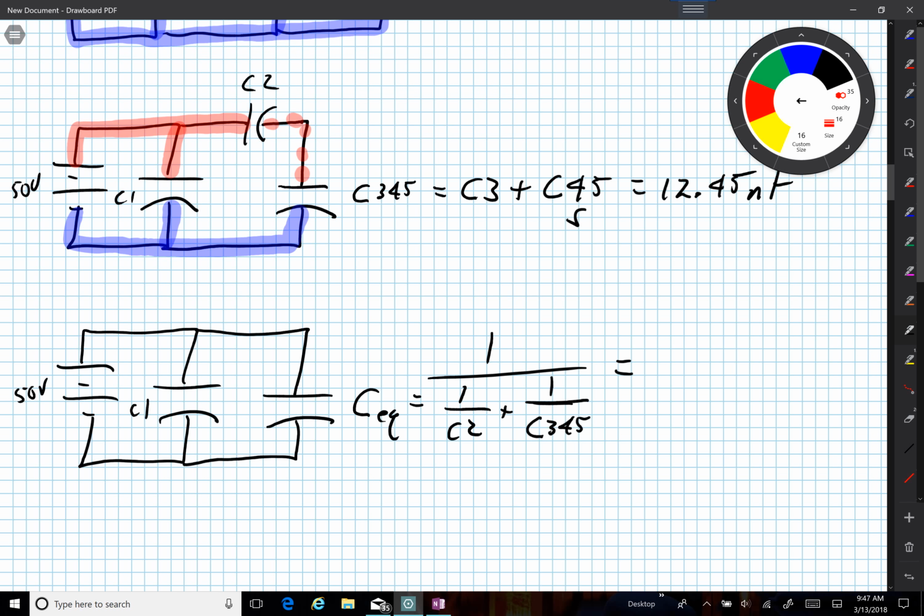I get 3.03 nanofarads. Let's try that again. I got 12.45. I got 4. And I take over 3.03. Okay, 3.03 nanofarads. That's correct. I do my colors.